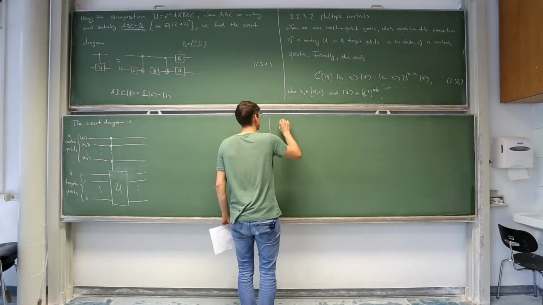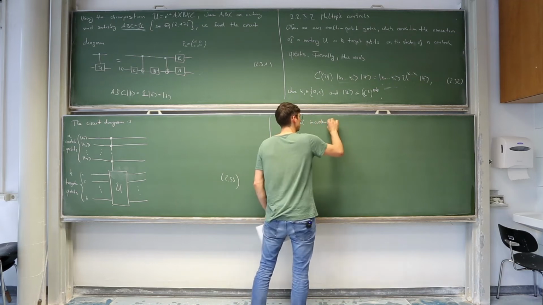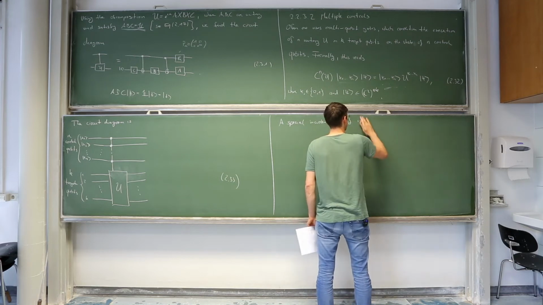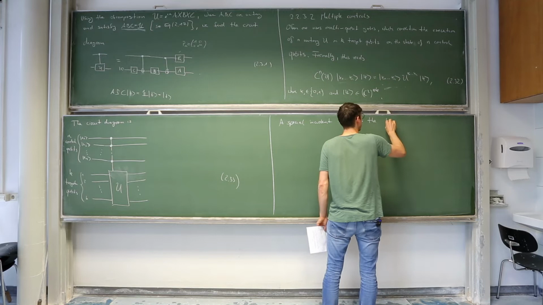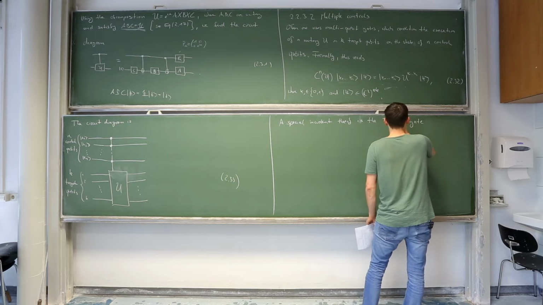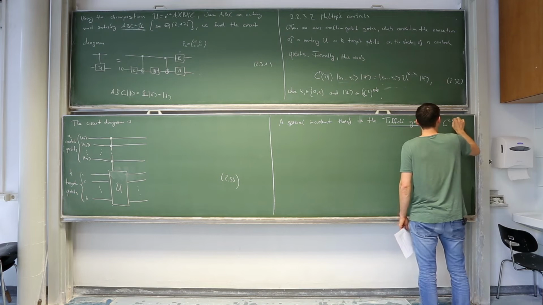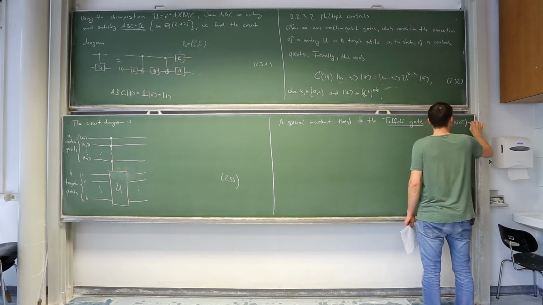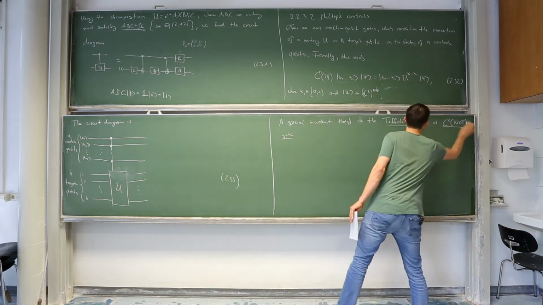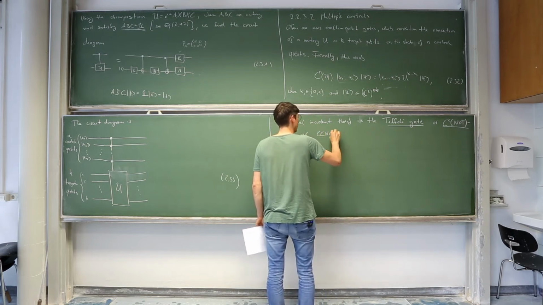So a special instance thereof is the Toffoli gate, or sometimes also called the CCNOT gate.